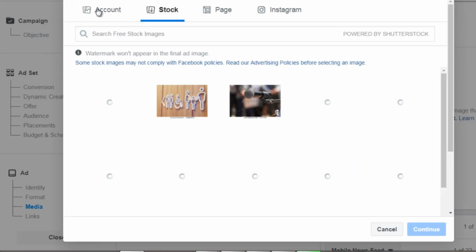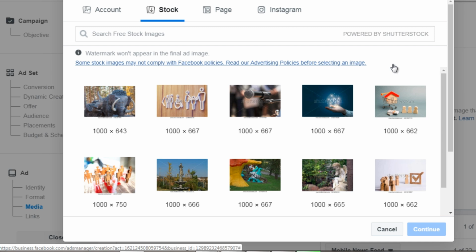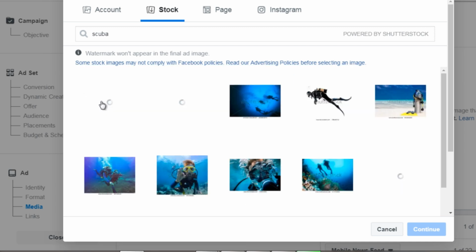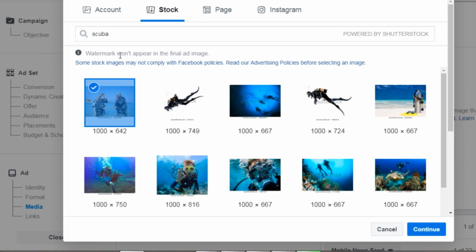Now, at this point, you could select your account, your page, your Instagram, and what it'll do is it'll pull the images from those assets. So we typed in scuba, we could select one of these images. It says watermark won't appear in the final image. So that's good. So even though you see the watermark, it will not appear in the final image.